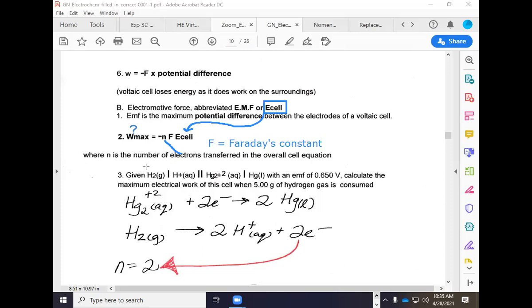So we would start by taking our shorthand notation that we just learned, and we would want to write the half reactions from it. And so I did this one first. So here's my mercury ion. This is mercury 1 ion. And then because there was a 2 here, I had to myself put in the 2 here.